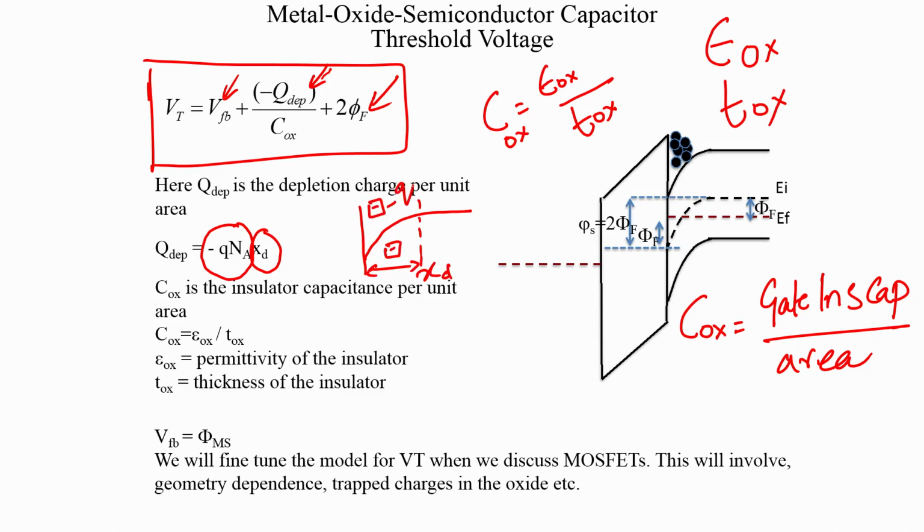Minus QNA is the total charge per unit volume, and there is some area but since we are looking at charge per unit area we do not really worry about that. So, QNA into XD.